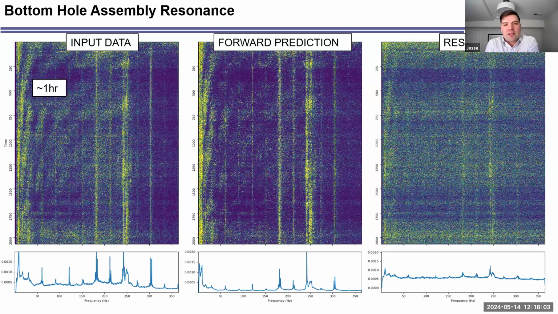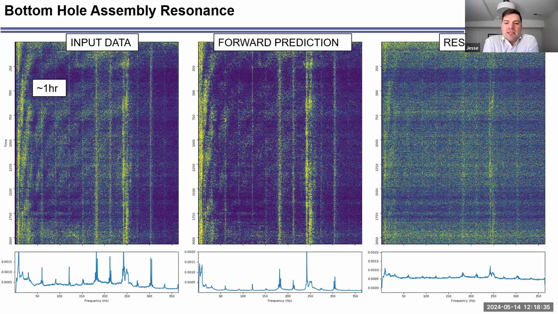So that middle track is the forward prediction we've made using this family of filters. You can see just how much that forward prediction looks like the input data here. It's because this is a fairly noisy data set. There's a lot of resonance. So we take that forward prediction, we subtract it from the input data, and we end up with the plot on the right, the residual.